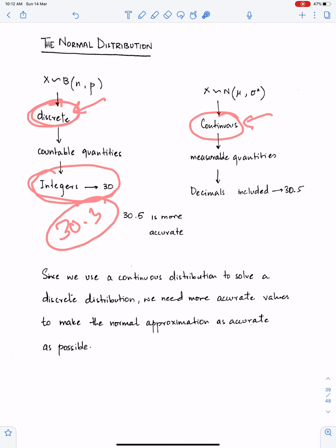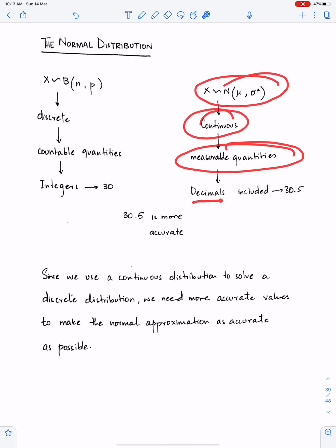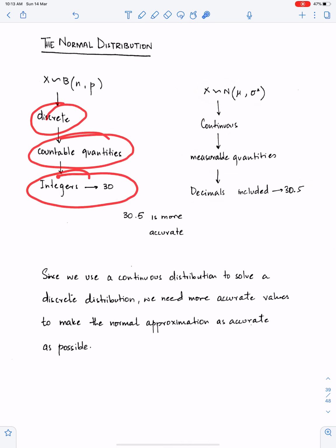In normal, we can find the probability of integers or non-integers, of any value of x. We can have decimals, integers, anything in normal. But in binomial, we can only have countable quantities, so only integers are possible.